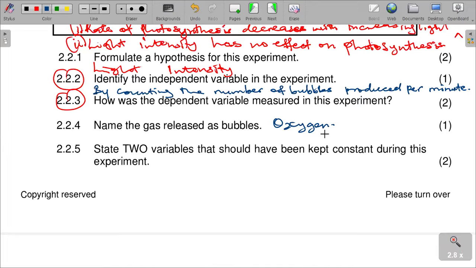State two variables that should have been kept constant during this experiment. We can talk about temperature, which must be kept constant.